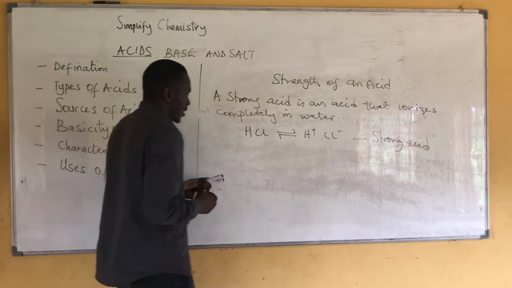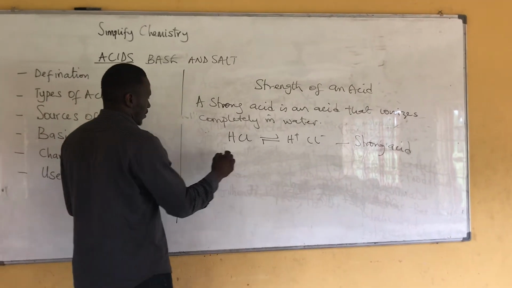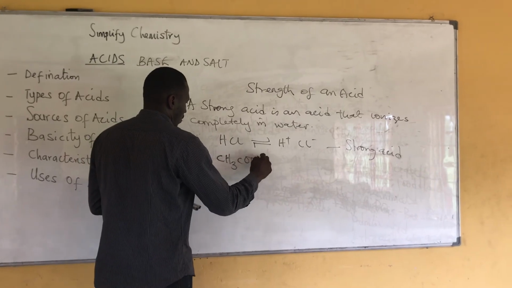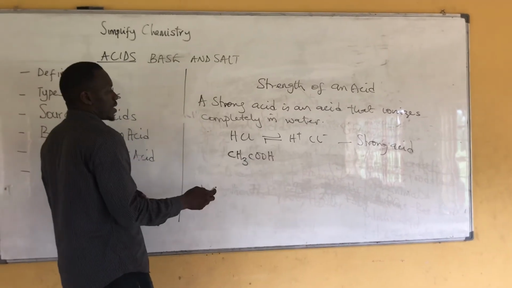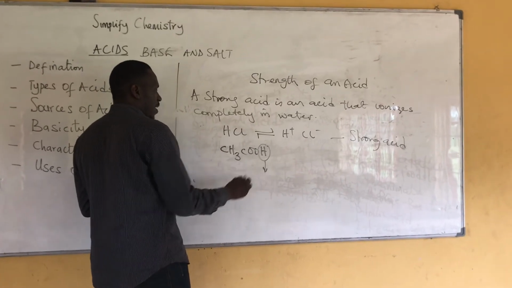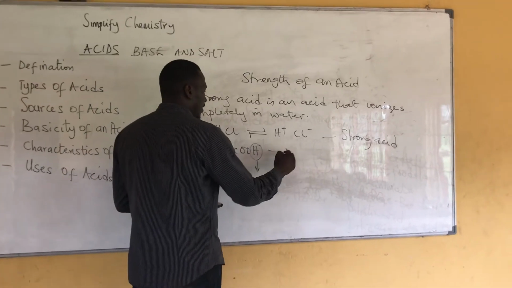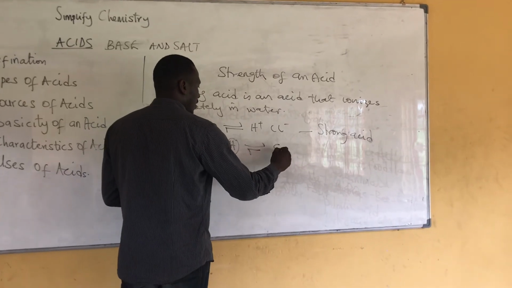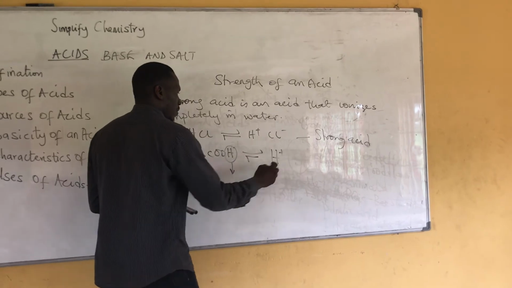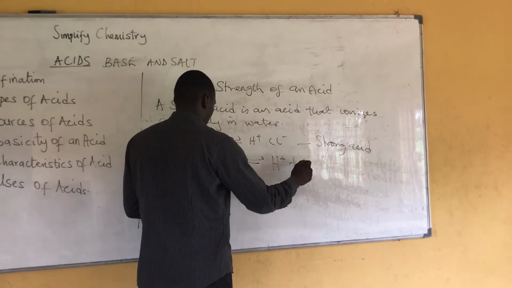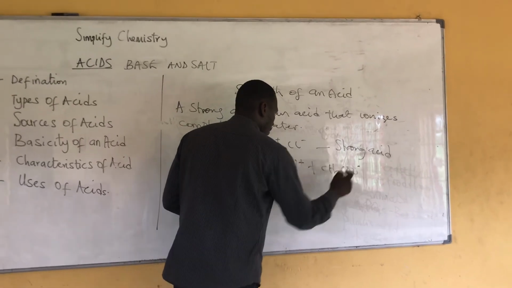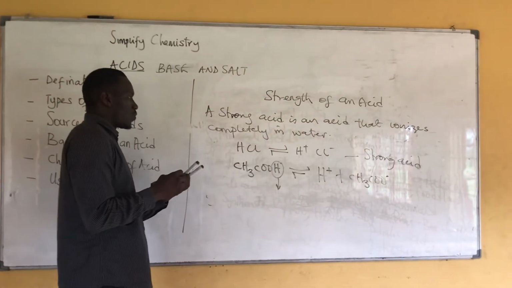Let's see an organic acid. Here, the only ionizable hydrogen is the last hydrogen atom. So if it ionizes, that makes it a weak acid.